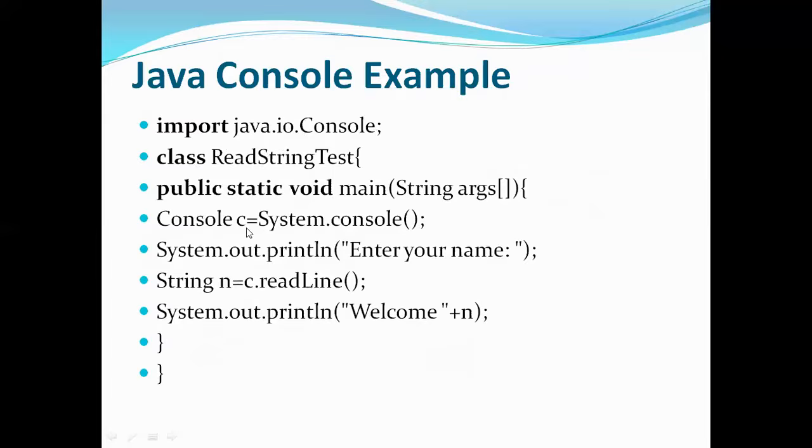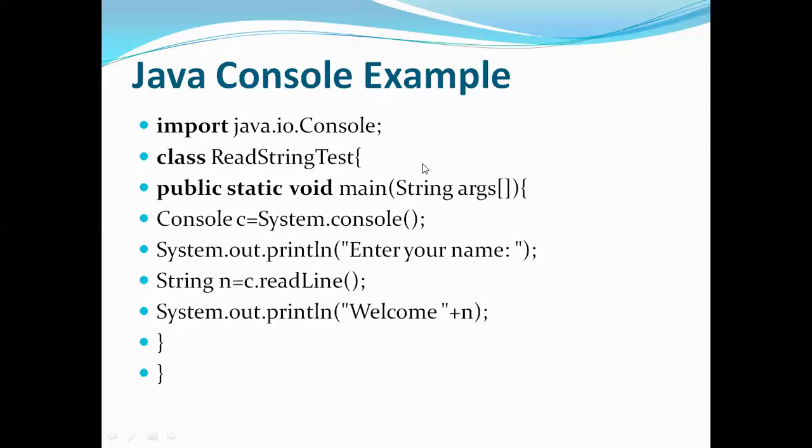In the main method, again I'm creating the object for my Console. If you observe, the object creation is a bit different from the previous two. This is the syntax actually.